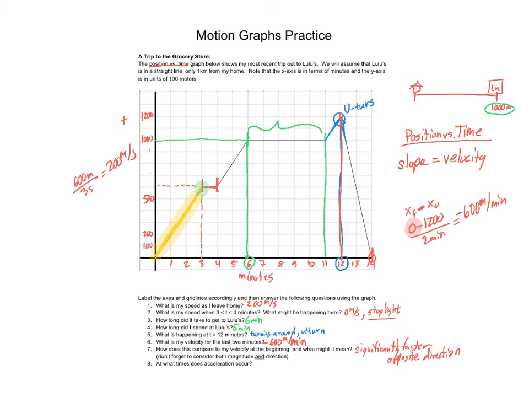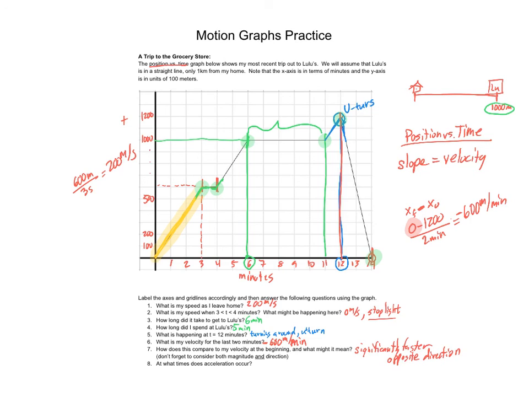When it changes from going up to being flat, that's a change in velocity. When it changes from being flat to moving again, that is a change in velocity. Right here is a change in velocity. Every time my slope changes, any change in slope or direction is a change in velocity.